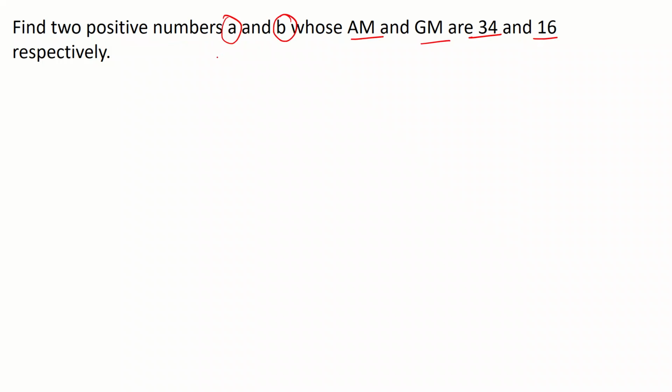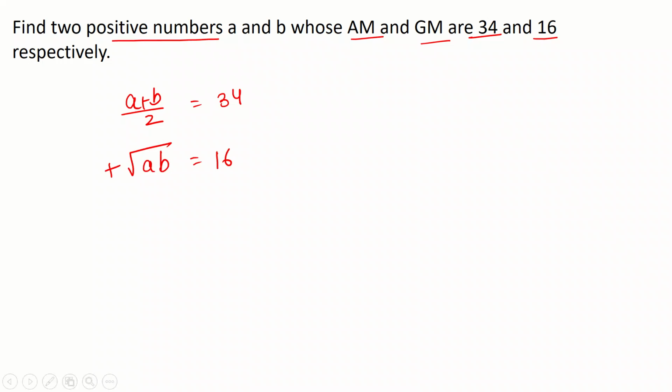We know that the arithmetic mean of a and b is given by a plus b by 2, so this is given to be 34, and the geometric mean of a and b is, as we discussed, root over ab, which is equal to 16. And remember, it's plus, not minus, because both the numbers are positive, so we follow the convention that if both numbers are positive, the GM is also positive, so that is why it's plus root ab.